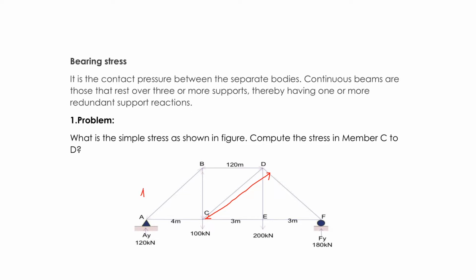Upward direction is positive, which we consider positive in sign convention, and if it's downward, we consider it negative. So I have provided 120 kilonewton upward and 100 kilonewton downward. So let's solve this problem.